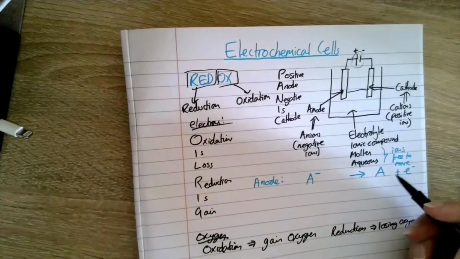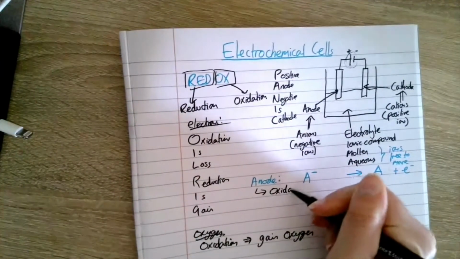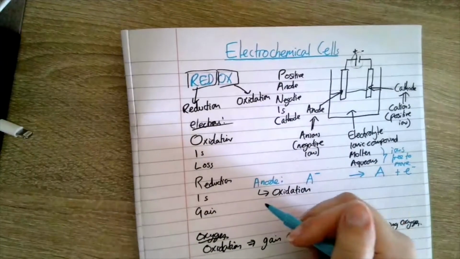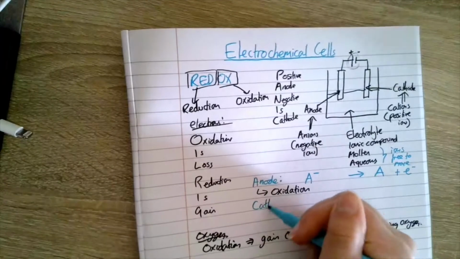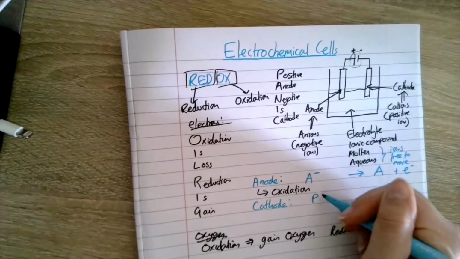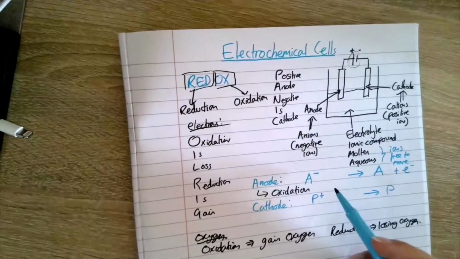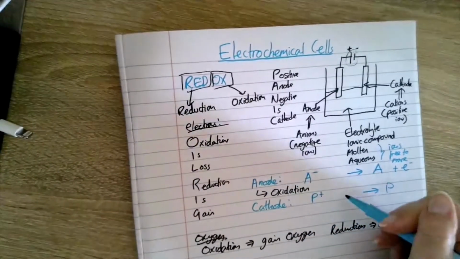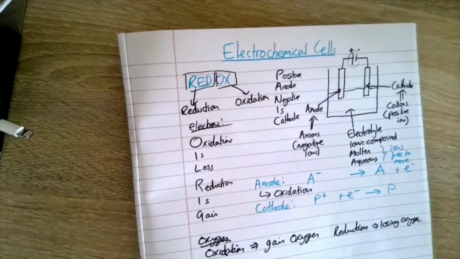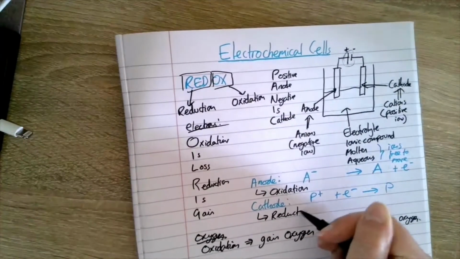And because we're losing electrons, this is an oxidation, whereas at our cathode, our positive ions, in order to lose that positive charge, are going to have to gain electrons in order to become neutral. And because we're gaining electrons, it's a reduction reaction.